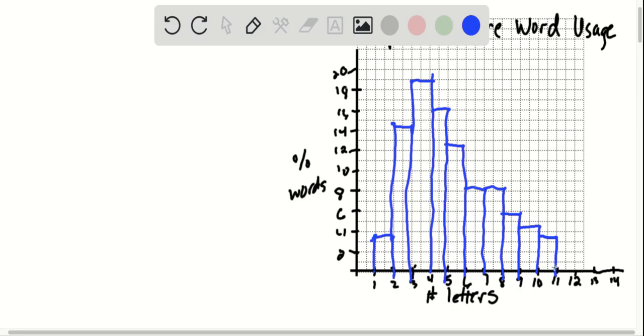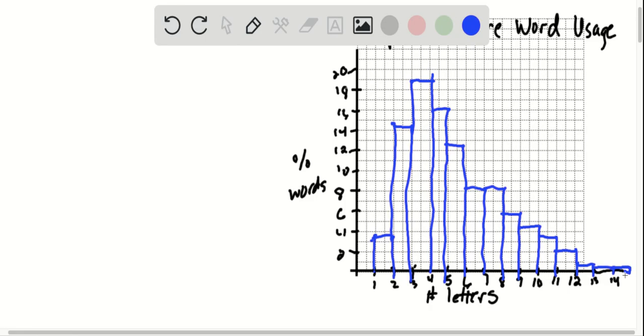And 2.1. And then 0.9, 0.6, 0.4. 0.6, and 0.4. Not very big.